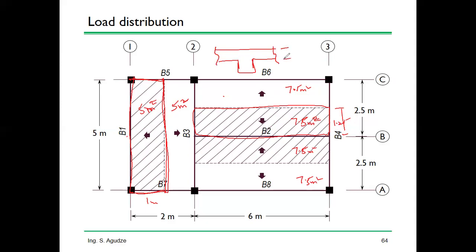And this is 150. And we also have the superimposed load, which is placed on the slab. And that one was 2.5 kilonewton per meter square.